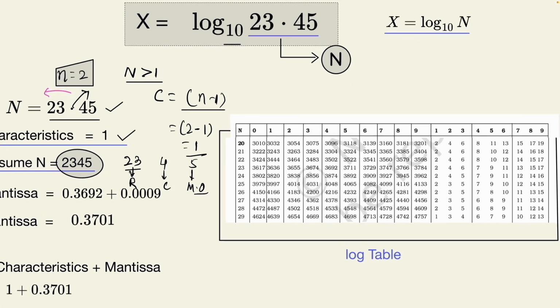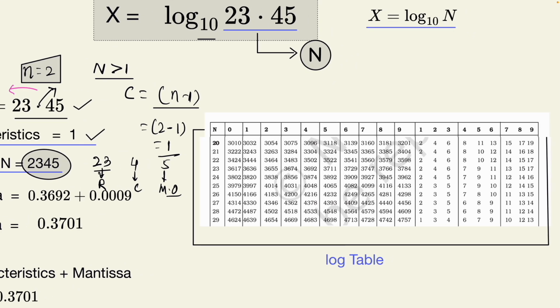So we can zoom it here. This is row 23. And then we have to go to the column 4. Where is the column 4? Here is the column 4. So this value is 3692. And after this, we have to go to the mean difference 5. So this is the mean difference 5.